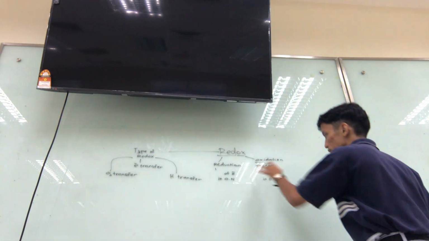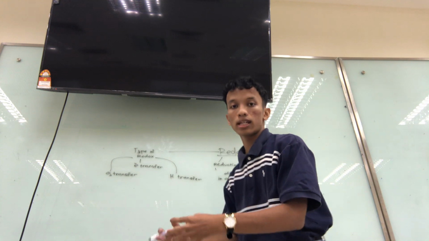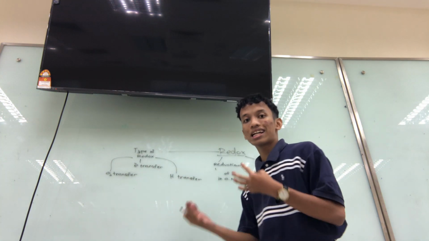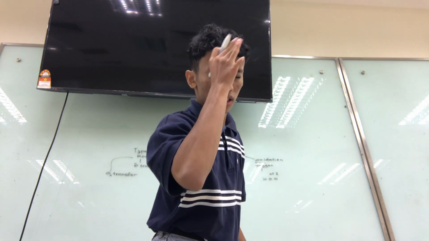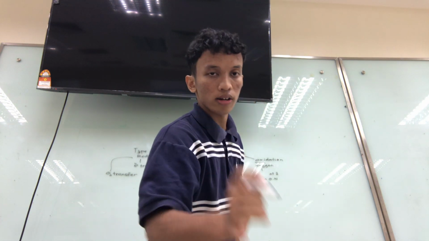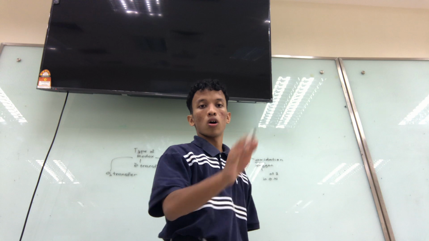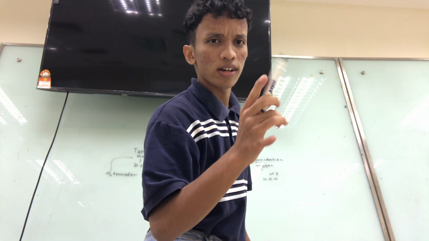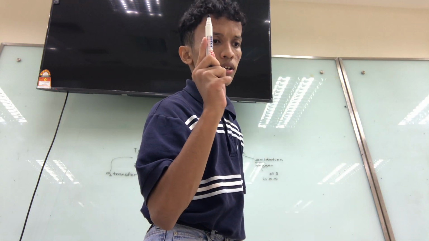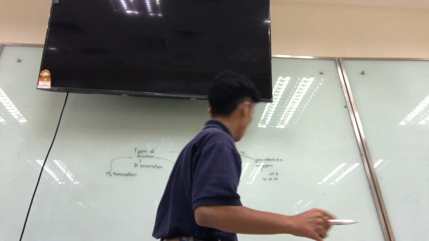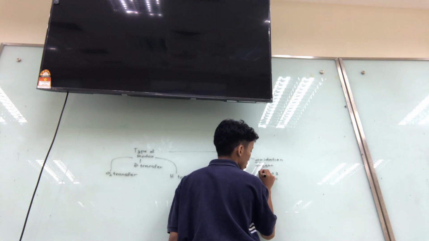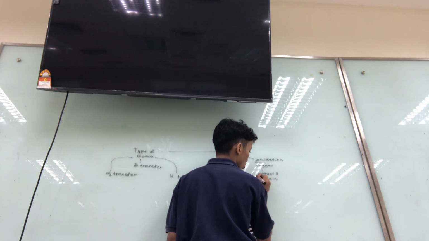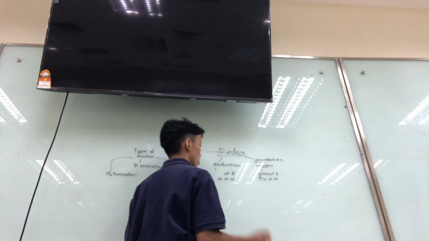Simple. Oxidation means when a reagent gains electron and increases the oxidation number, an oxidation reaction is going to take place. Gain of electron and increase in oxidation number.